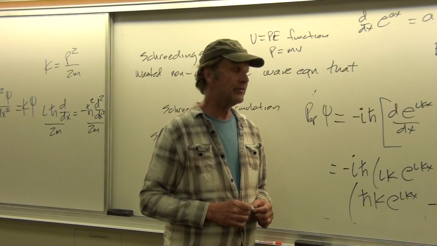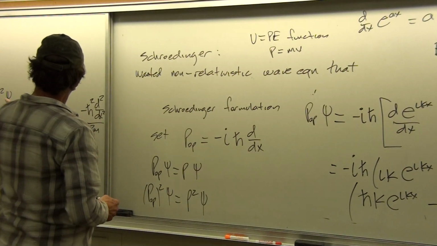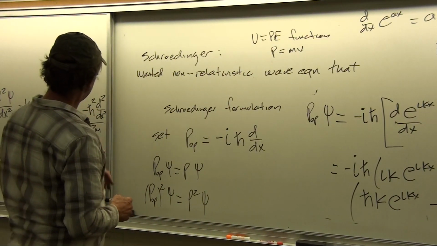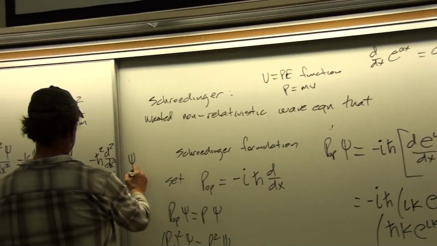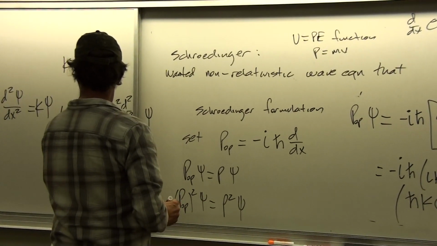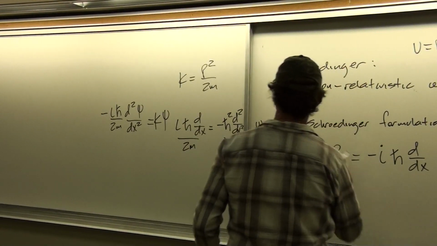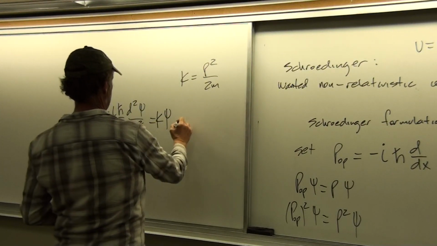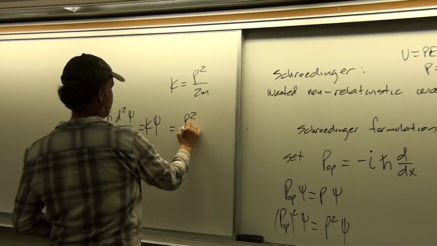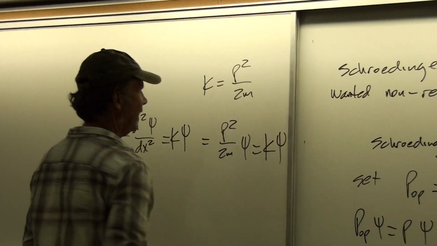And so although this seems very abstract, applying an operation to the wave function, we could think of that as giving p squared over 2m psi, or k psi.